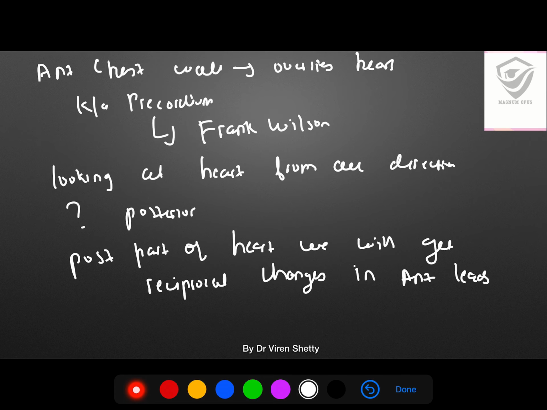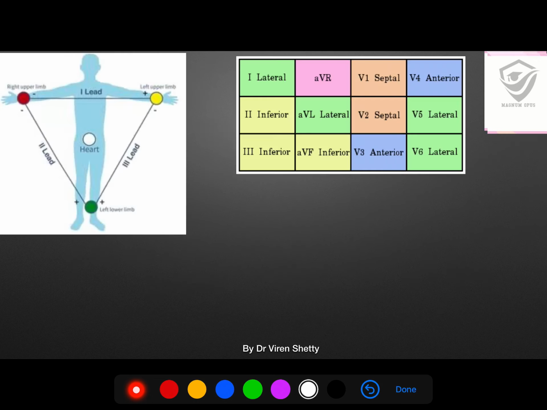So once you understood the basics about ECG, we'll try to understand the ECG and something regarding the leads. Many a times in your internship or in your posting, you must have come to know that they tell you, okay, this patient is having a lateral wall MI. So how do they come to that? Because there are ECG changes in the lateral leads. The lateral leads are lead 1, lead AVL, lead V5, lead V6.